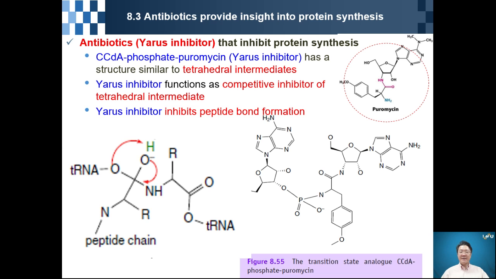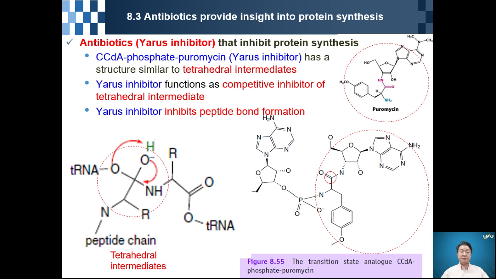CCdA-phosphate-puromycin is here, and this is the CCdA structure, and this is the phosphate. CCdA-phosphate-puromycin has a structure similar to the tetrahedral intermediate. For example, especially in this region, it is nearly similar to the tetrahedral intermediate.